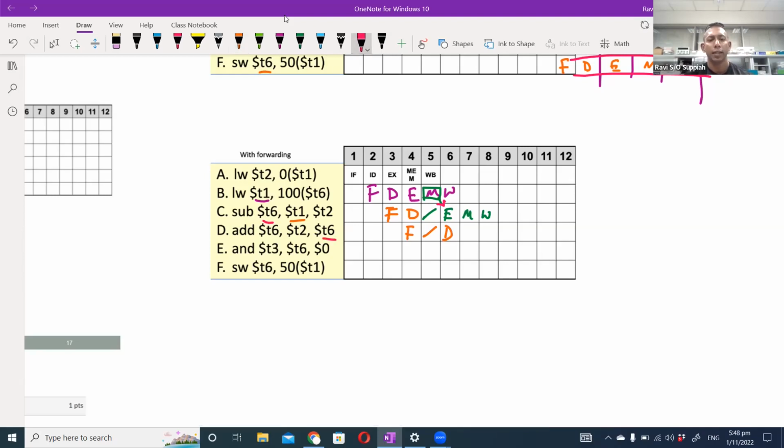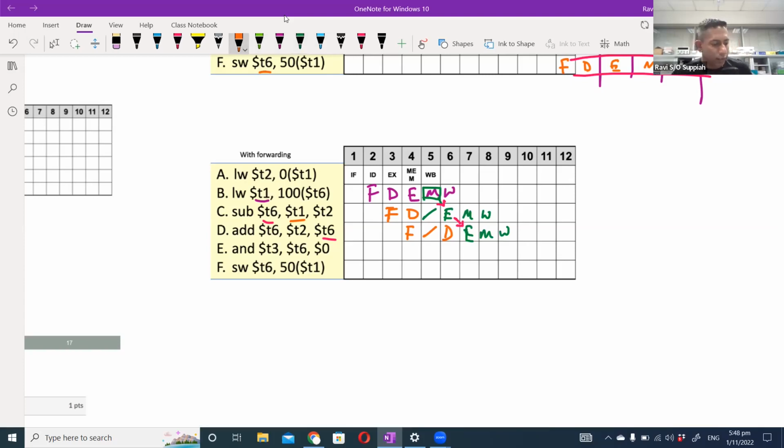In this case, the earlier instruction is an R type instruction, which means I can forward from the exe stage. So I can forward, then execute, then memory and write back.